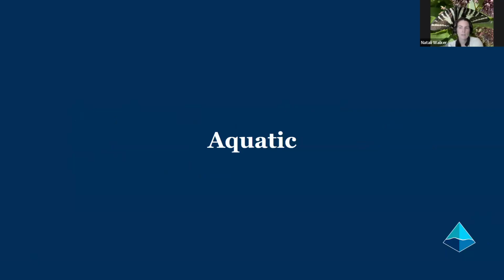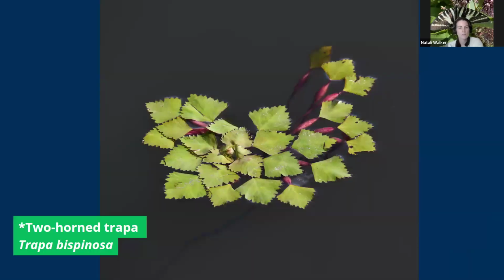And first, we're going to look at an aquatic habit where two-horned trappa can be found. So two-horned trappa is an early detection rapid response species, also known as EDRR. So with those EDRR species, you're identifying and controlling new or emerging invasive plants and preventing them from becoming widespread infestations.